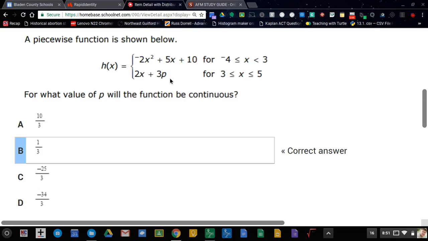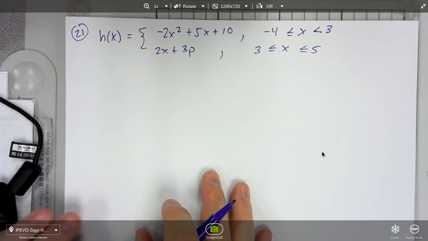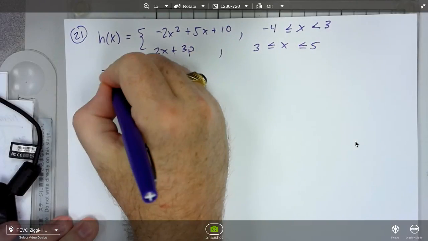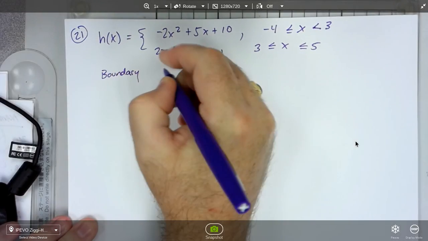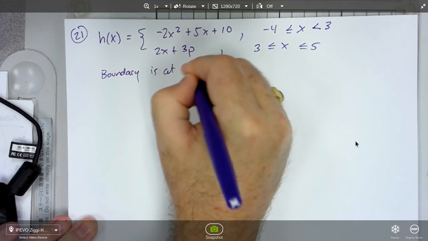h of x equals -2x squared plus 5x plus 10 from -4 less than or equal to x less than 3. And then you have 2x plus 3p from 3 to 5. So again, the boundary, if you recall on piecewise, is at x equal 3.